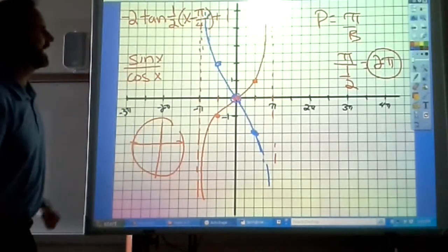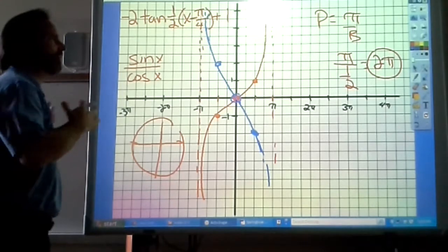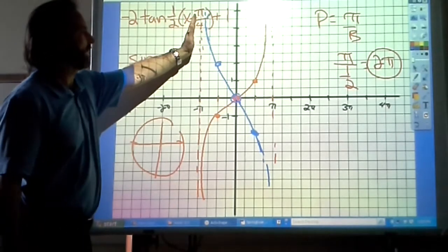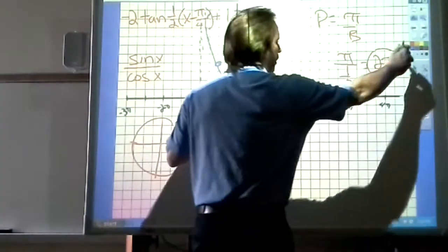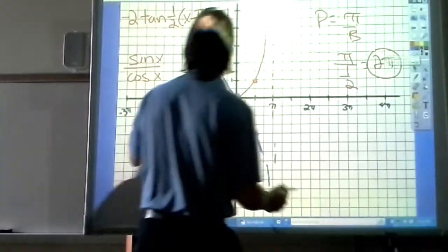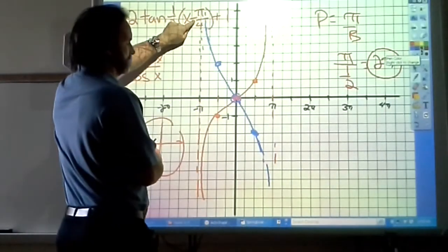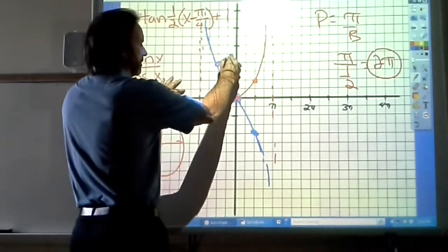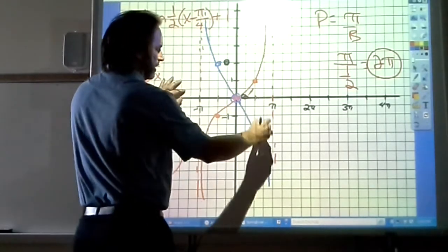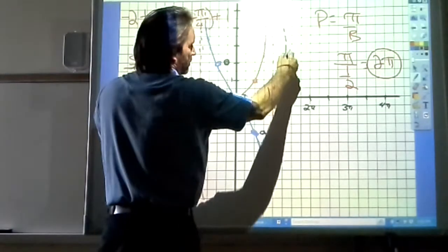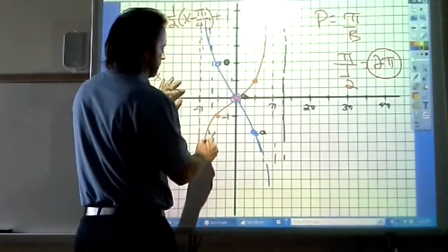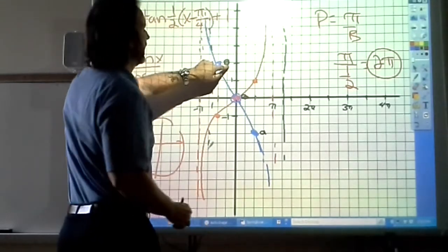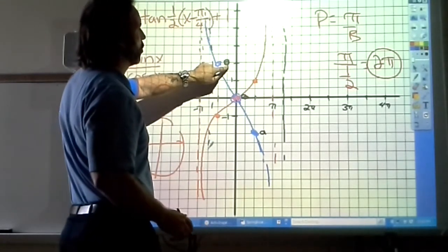And now all I have to do is shift everything right, asymptotes included. All my points are going to come right pi quarters, which is going to be 1 unit here, here, and here, and so are the asymptotes. They all come right, and then, guess what?